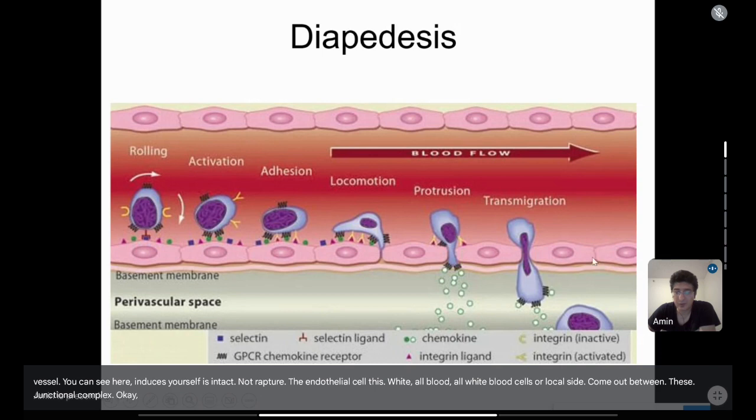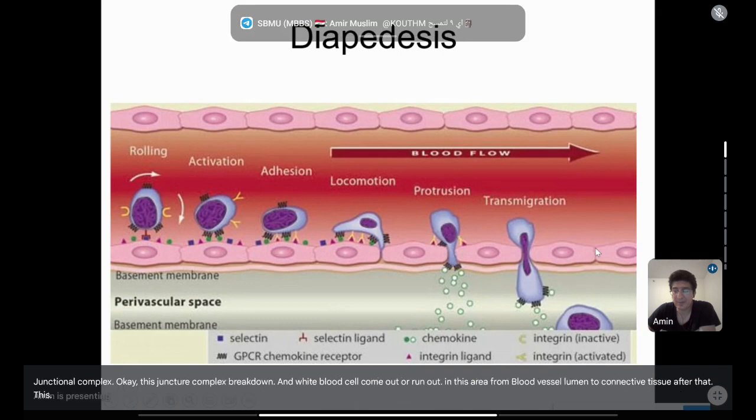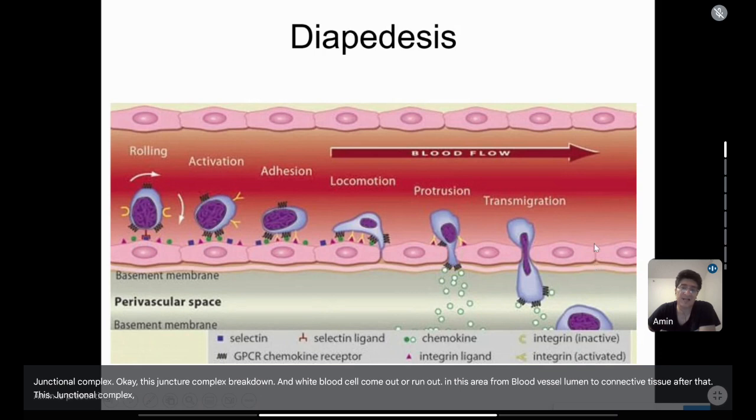This junctional complex breaks down, and the white blood cell comes out in this area from blood vessel lumen to connective tissue. After that, this junctional complex is reconstructed or reshaped.